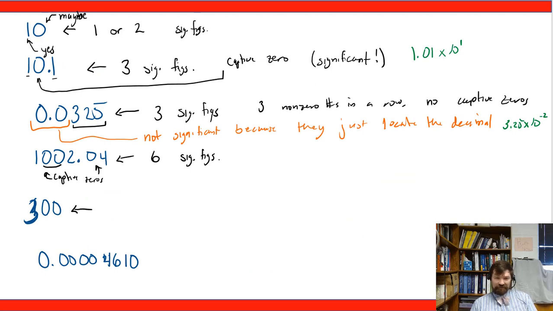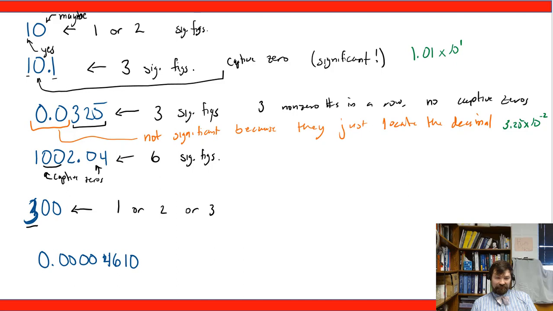This one's ambiguous. 1 or 2 or 3. We don't know. We know that this is definitely significant. Either of these, this one might be, and if this one is, then this one also might be. This one can't be if this one isn't, however.